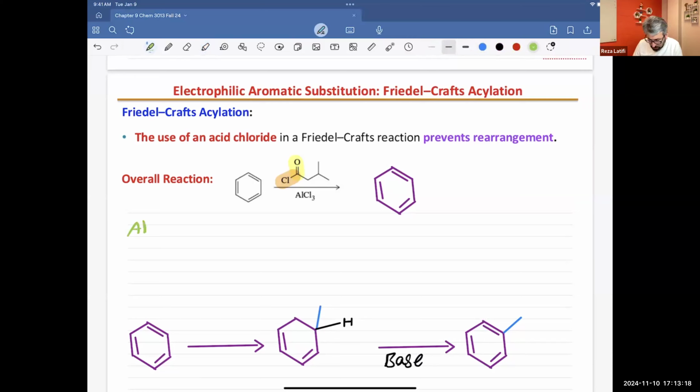So if I take aluminum chloride and react it with this species, aluminum chloride will take the chloride, will turn to -1 here, plus we will get this species.